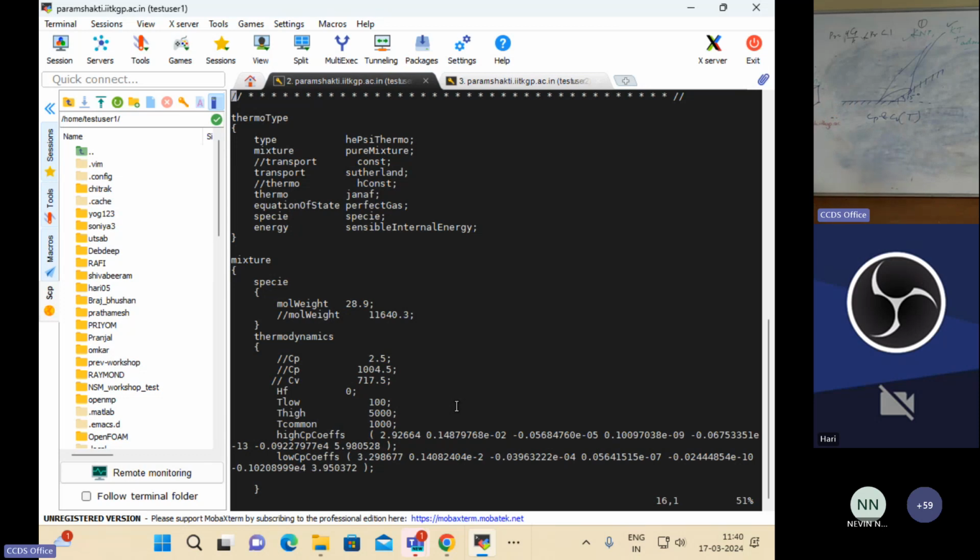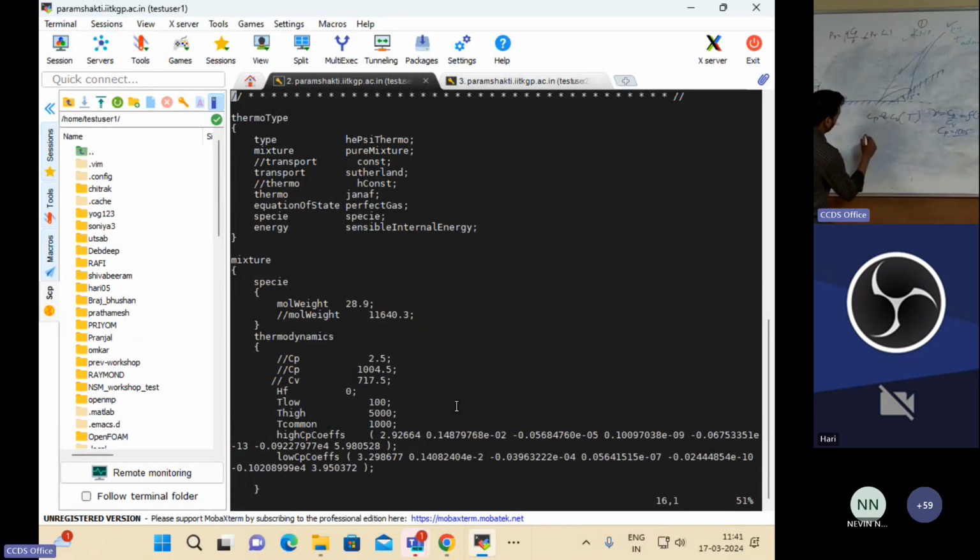It will no longer remain constant, and consequently gamma, which is CP by CV, will be a function of temperature as well. So last time we used CP as some constant value of 1005. If you use that in high temperature cases, it will basically not give the correct results, or it will diverge.